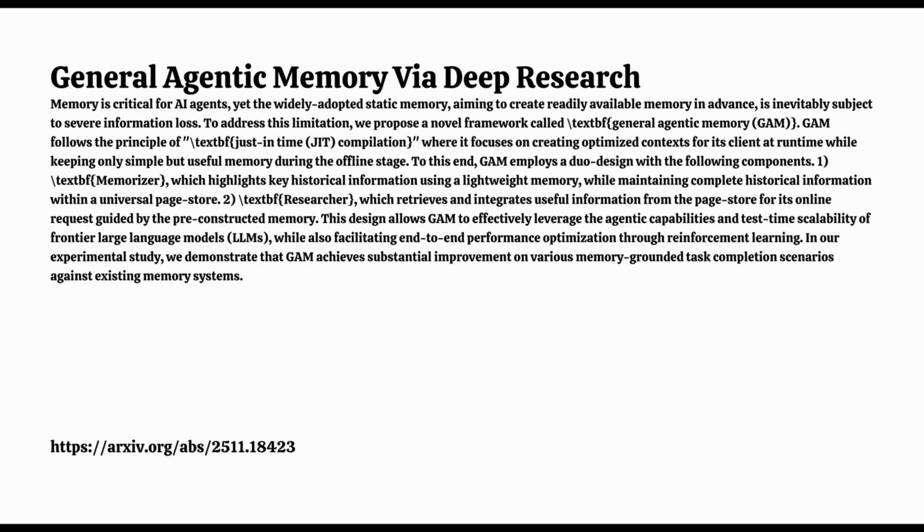And that dual agent structure, the lightweight memorizer protecting the complete history in the page store, and the heavy-lifting researcher performing that deep iterative research, allows for context generation that is perfectly tailored to the immediate, often very complex task. The research seems to back it up. It does. The research validates GAM's significant effectiveness in preserving that fine-grained historical information and optimizing task completion, especially in those areas where traditional methods that rely on pre-summarization just fail.